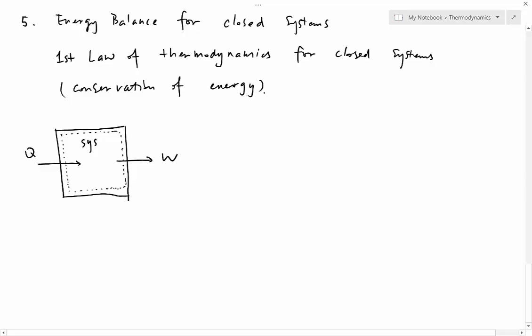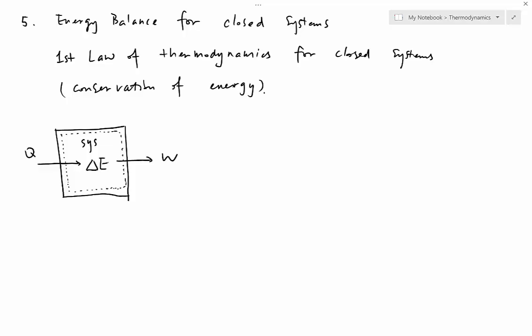And then you spend 2 bucks, meaning W is equal to 2 bucks coming out of your account. So 10 minus 2, that is 8. What is that 8 bucks? That is the change of your bank account balance. For change, we use delta. And in this case, it's the change of E, which means the change of total energy of your system.